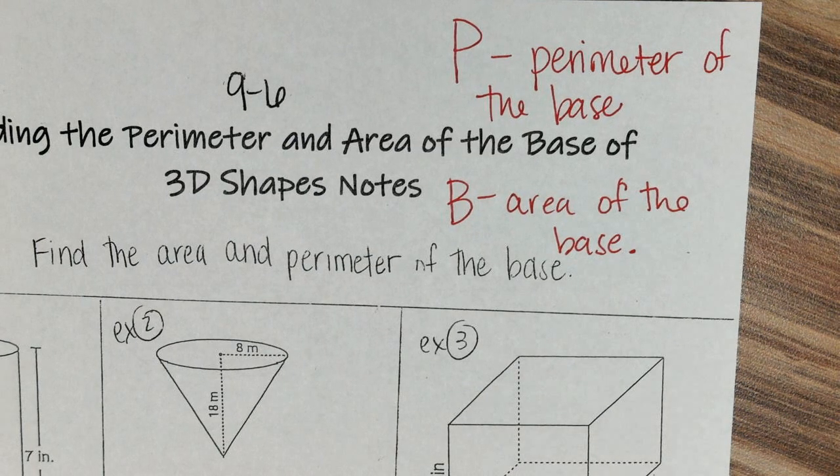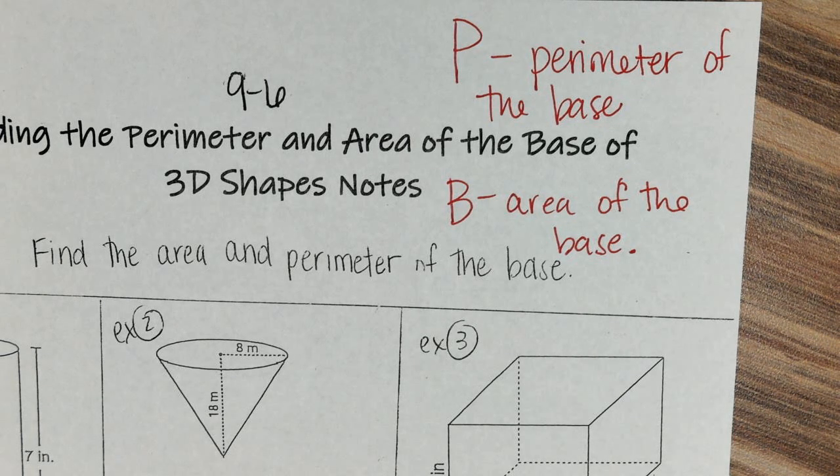So what we're going to make sure we practice today is, number one, knowing what kind of shape we're looking at. Number two, figuring out where the base is in this shape. And then we're going to find the perimeter of the base and the area of the base.